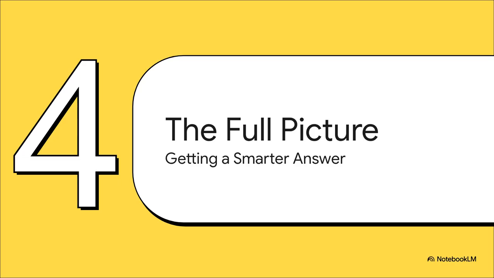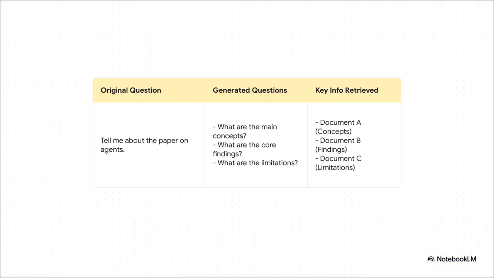So what's the big payoff here? Why go through all that extra work? Well, this is where it gets really cool, because this is how you assemble a truly smart answer. This table makes it super clear. Look, your original question might have only been close enough on that information map to find document A, which just talks about the basic concepts.